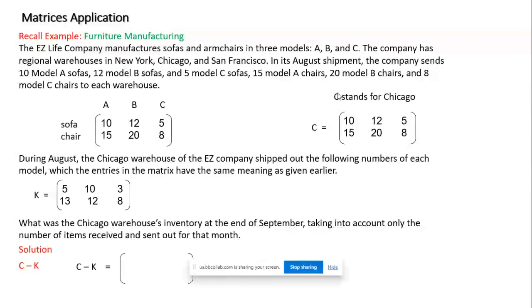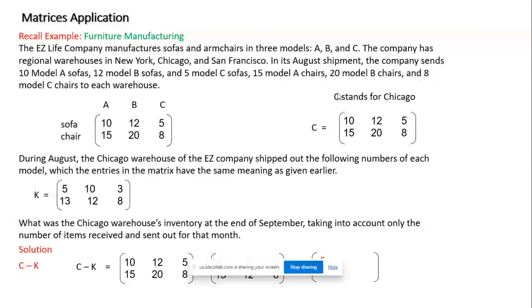So again, we can do this. We can subtract these two matrices because they're both the same size. They're both two rows and three columns. The sizes match. Okay, so this is C. I'm going to subtract K from it, which is this one. And again, to do the subtraction, I'm just going to subtract each element with its corresponding element.